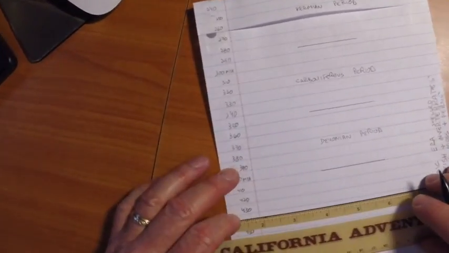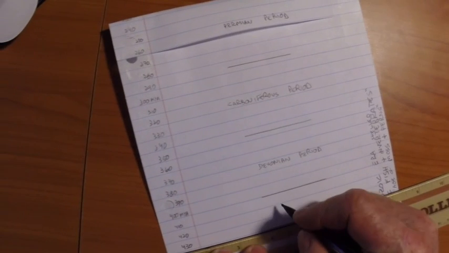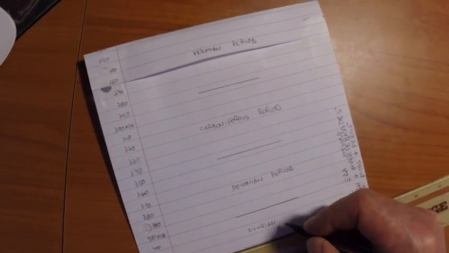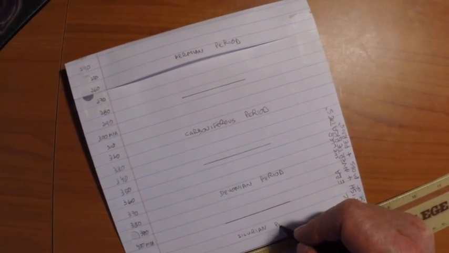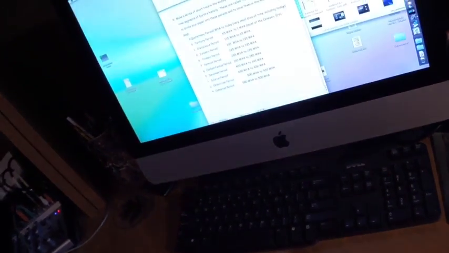Silurian period, 430. The Jura Mountains are in Germany. That's what gave us the name Jurassic, and so forth. Ordovician, 500. 500 to 430, right.